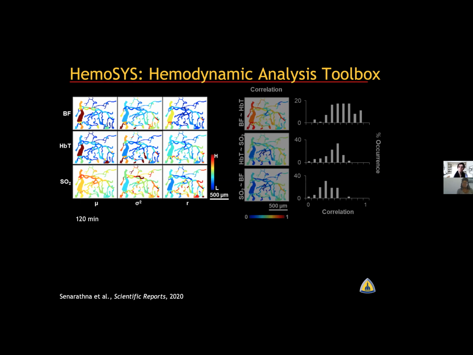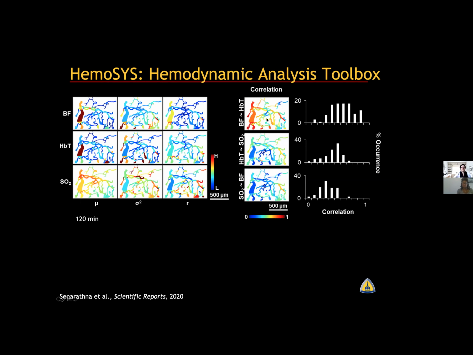And then what we can do is we can look at correlations between these physiological variables. So we can see that in this large vessel, the blood flow and the blood volume are very well tightly coupled and correlated, as you would expect in a mature vessel or in a healthy tissue bed. But the rest of the blood vessels show very poor correlation. You can do the same thing for blood volume and oxygen saturation and blood flow.